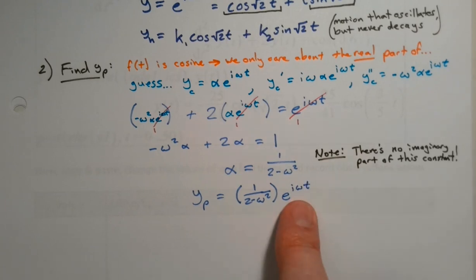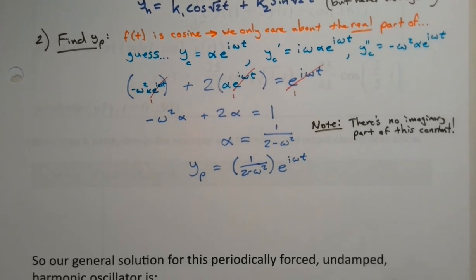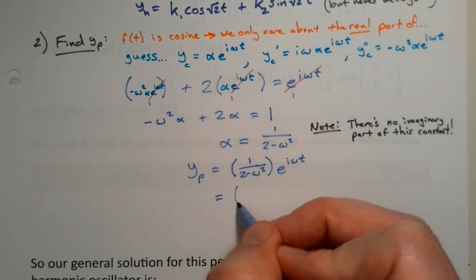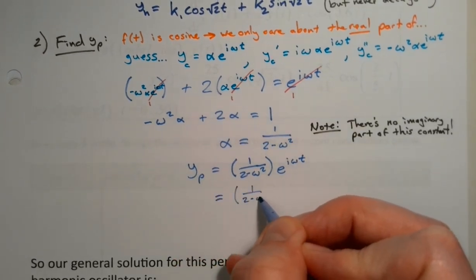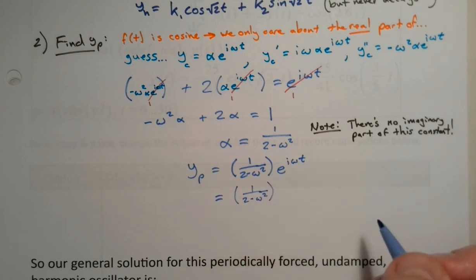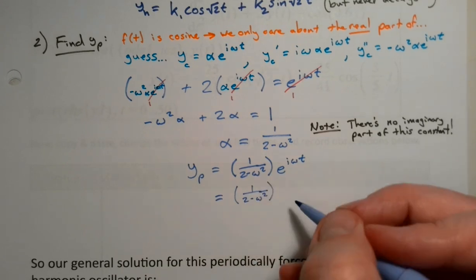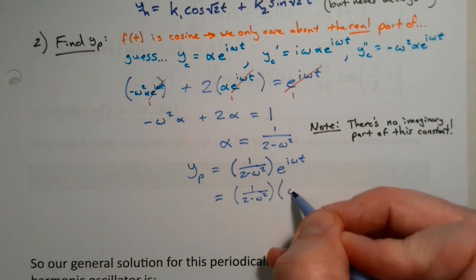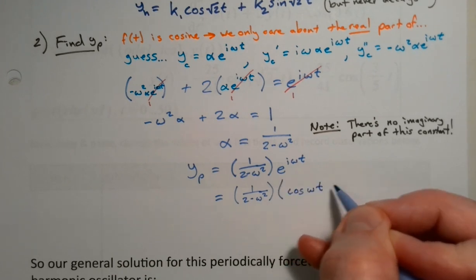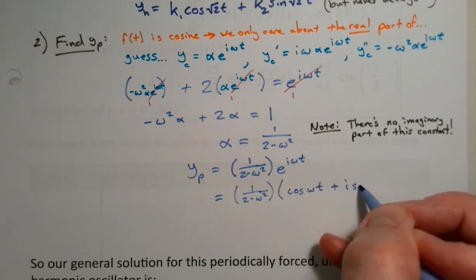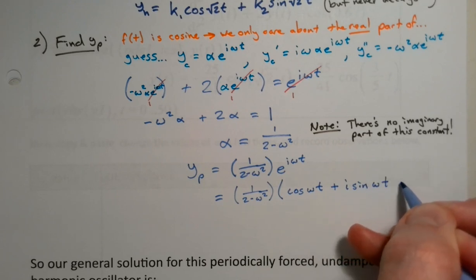Which, of course, we can expand using our old pal Euler. So this becomes 1 over 2 minus omega squared. That's just sitting by itself. There's no imaginary number out there I have to worry about. Times cosine of omega t plus i times sine of omega t.